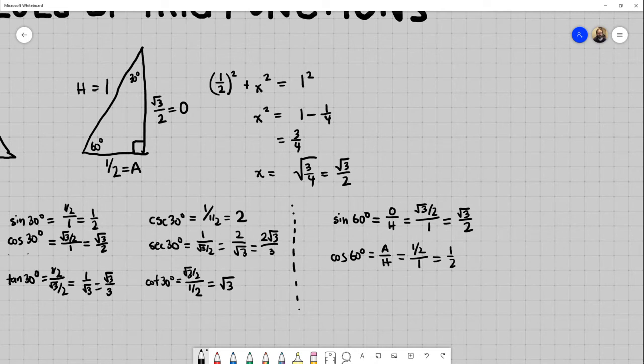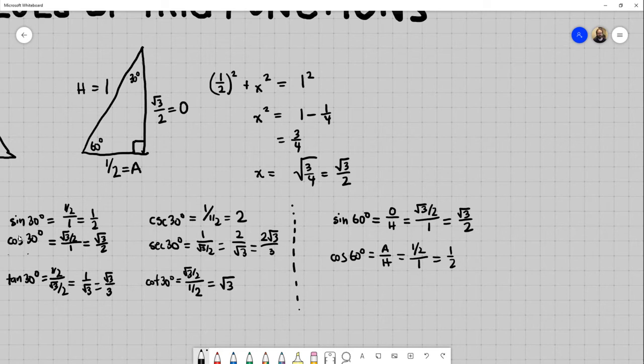So notice 30 and 60 are complementary angles. All right, and the sine of 30, 1/2, is the same as the cosine of 60, the complementary function. And the sine of 60 is root 3 over 2.